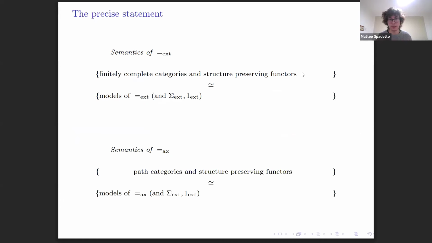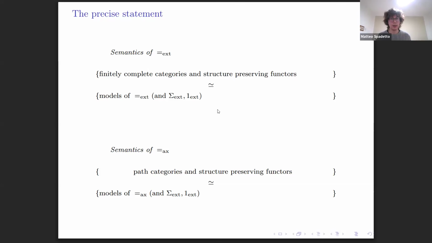Okay, so now I will try to give the more precise statement. As you see here, I have some gaps to be filled. Here, for the one-cells, for the morphisms between finitely complete categories and path categories, we put the functors that preserve the structure, the so-called exact functors, which mean two different things.